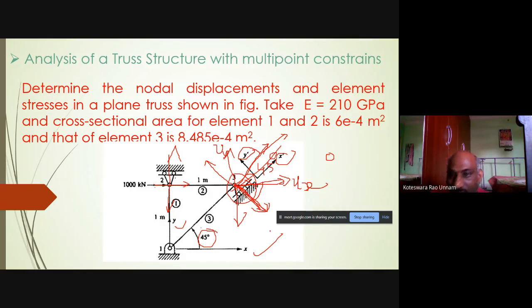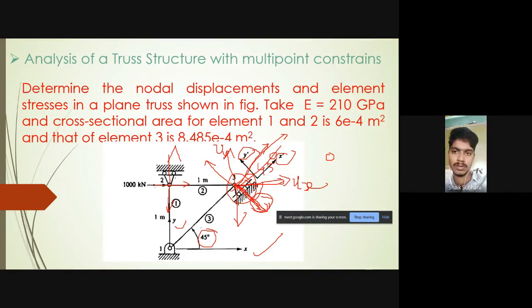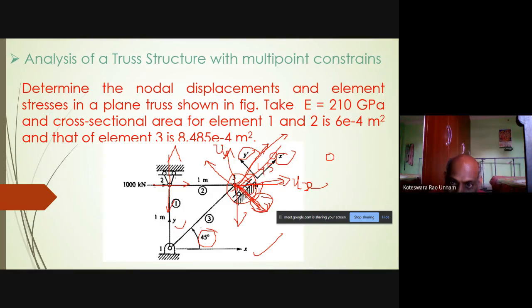If I draw a line like this, and if you remember the resolution of forces, this is the resultant displacement, this is the horizontal component, and this is the vertical component. What is the value of the horizontal component? Ux. If this angle is theta, it is r cos theta, right? Yes, sir.